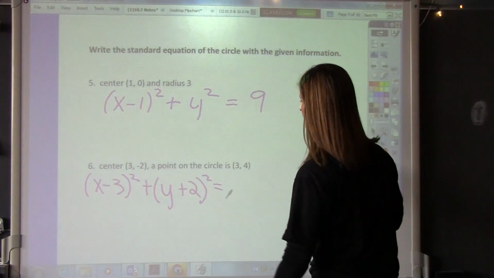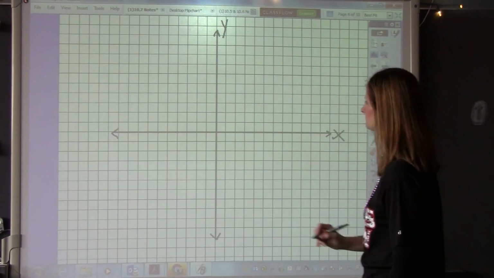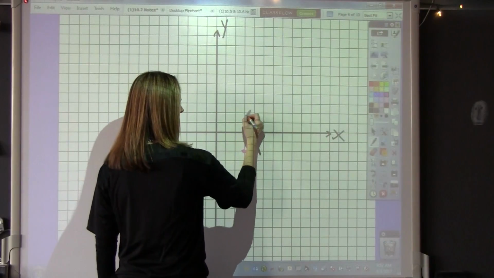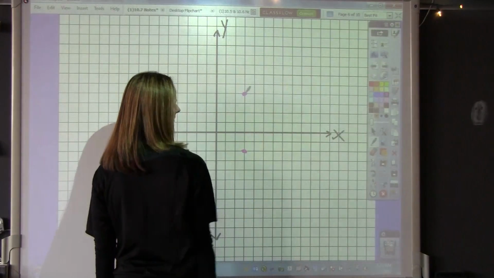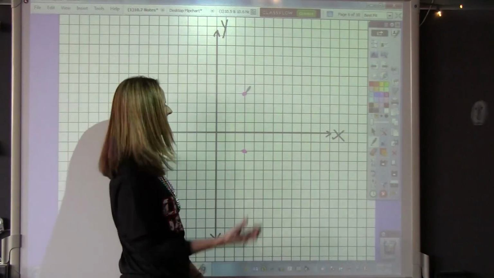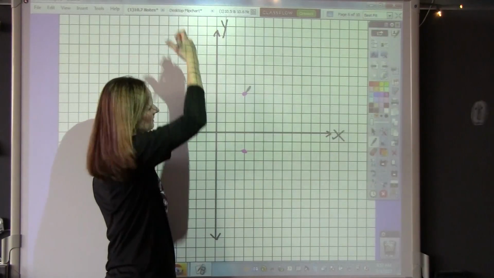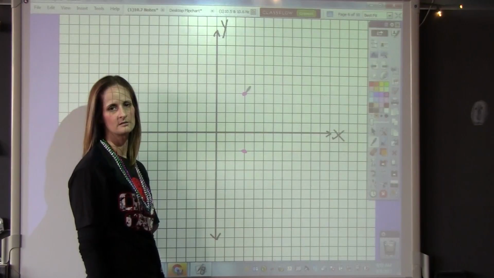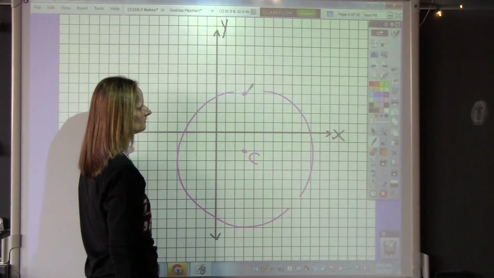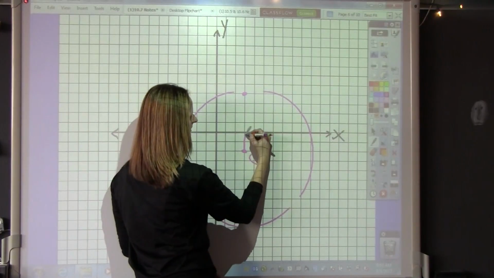So 3, negative 2, and 3, 4. And you'll notice you can just count to find the radius. Here's the center. This is the circle. So the radius is 6.